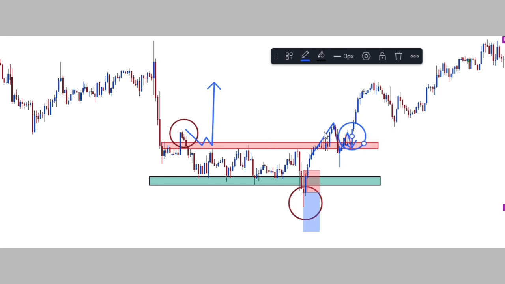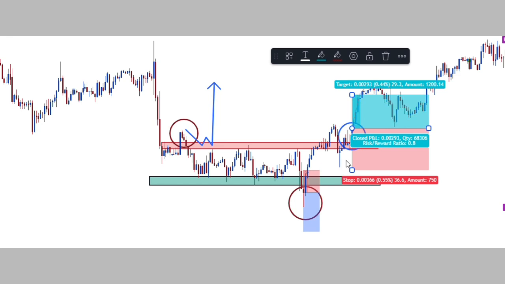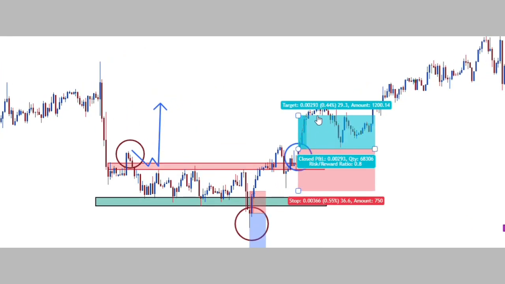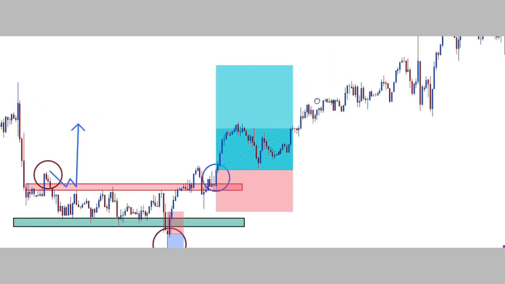So you'd have placed your buy order after that bullish candle, placed your stop loss just below this spike here, and targeted a 1 to 2, 1 to 3, 1 to 4, 1 to 2 is ideal. Guess what? Even this trade would have taken a 1 to 3 risk to reward ratio if you are patient to hold.